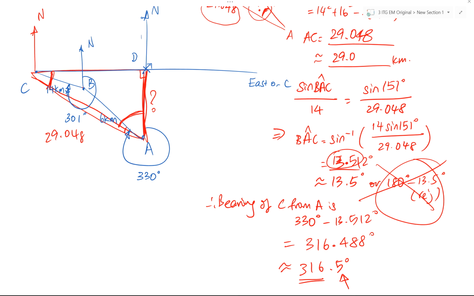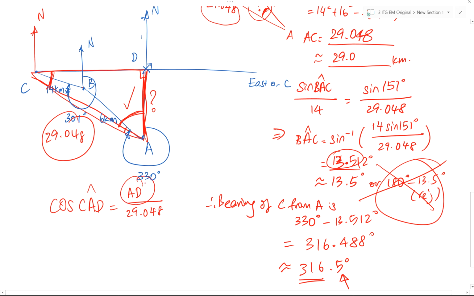But why do you want to use sine rule where you can simply use a trigo ratio of cosine? You see, we already have this angle. I have this side. So cosine CAD equals to AD, which is my unknown, divided by 29.048. So from here I get the unknown AD already.